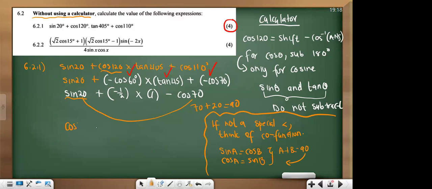Okay, all right, cos 70 plus negative half times 1 minus cos 70. I'm just going to rearrange so that they can subtract each other closely. So I have cos 70 minus cos 70.